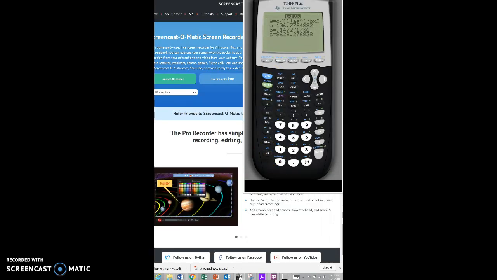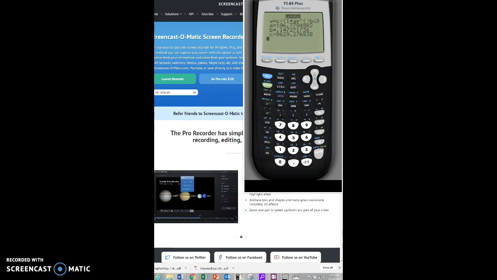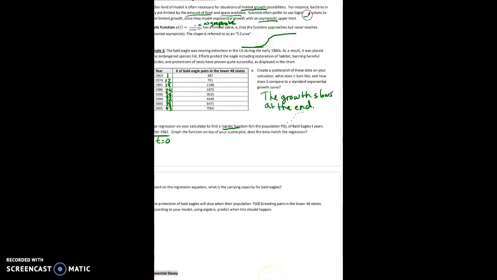Now I want you to notice here that our variables don't line up to the variables that I gave you for a logistic function, because A is actually what's next to the E. So I'm going to go ahead and write this function down on our notes. So the function that I got is P of T equals C over 1 plus AE to the negative BX. And that was in the form that they gave it to you.